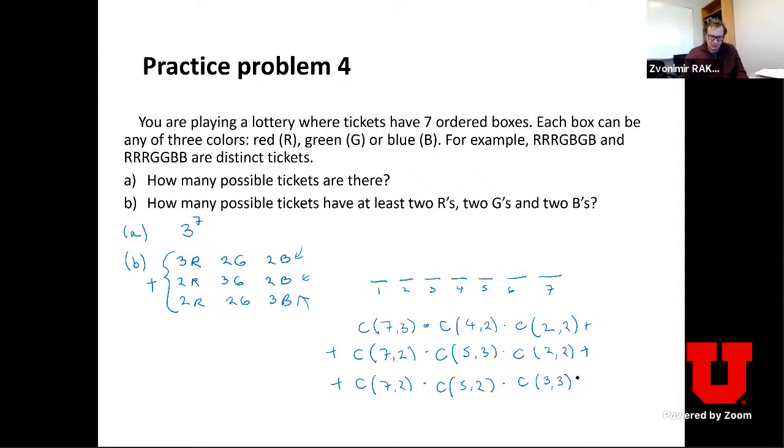And so when you calculate this out, you get your final solution, which should be 630. So that's how you calculate part B. There are other different ways of doing it. I would say this is probably, for me at least, the most straightforward and the shortest one.